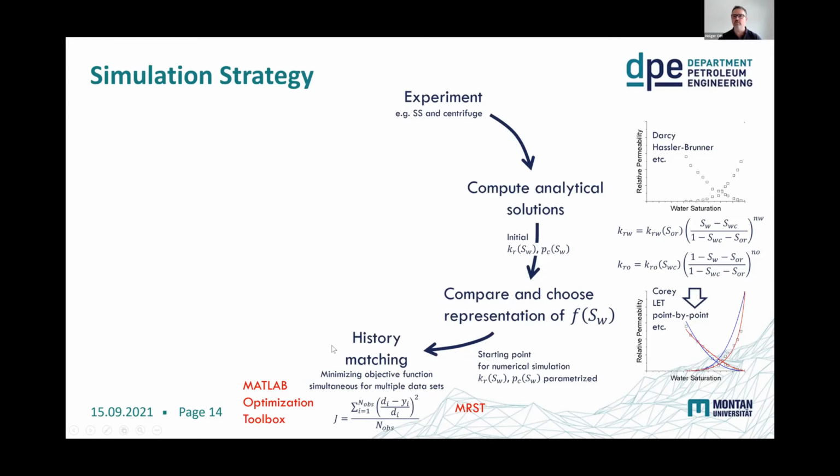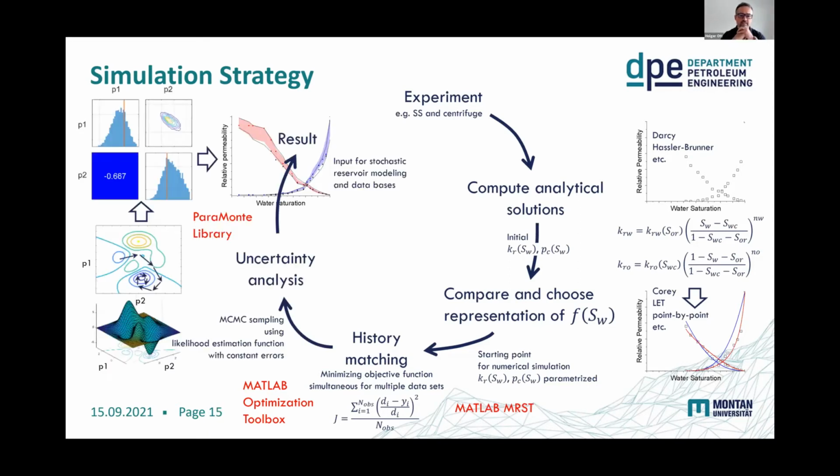With classical history matching, we get exactly one representation, the best match at the end, but this is of course not enough because we are interested in stochastic reservoir modeling. Therefore, we need to make statements about the uncertainty. How do we do that in the next step? We use the Markov chain Monte Carlo sampling method to sample our solution landscape.